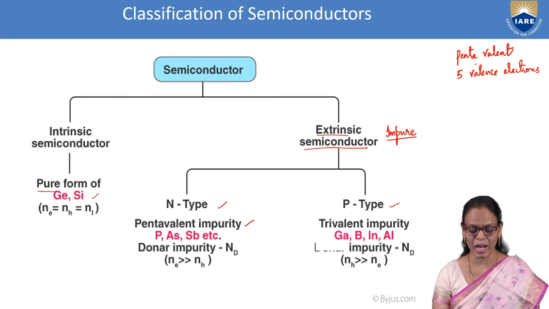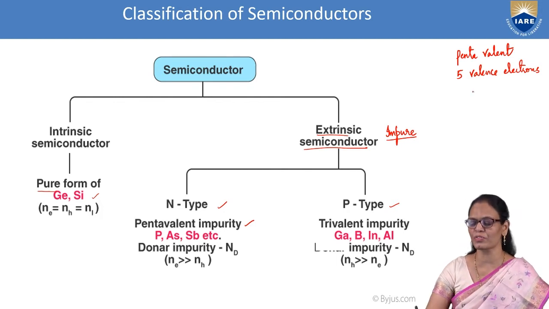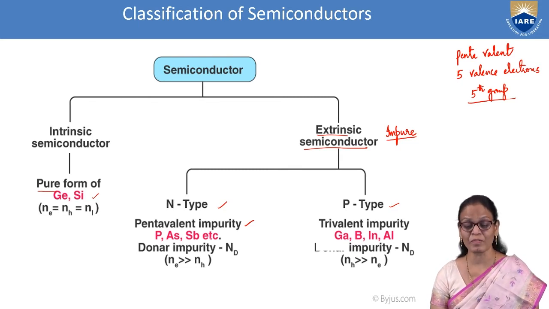Now, when we add a pentavalent impurity like phosphorus, arsenic and antimony, all these belong to the 5th group. If we see in the periodic table, all 5th group elements will have 5 valence electrons. So, when we add a pentavalent impurity, it becomes a donor impurity.